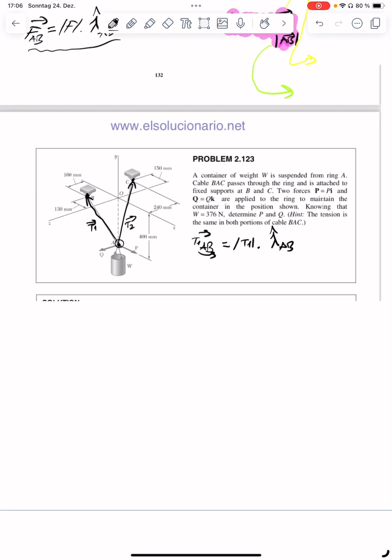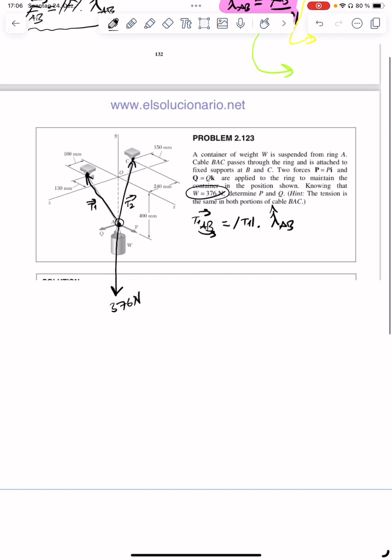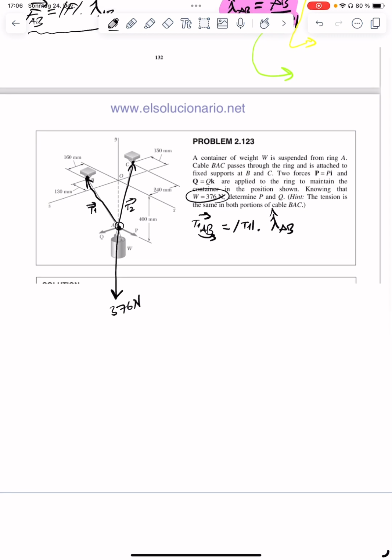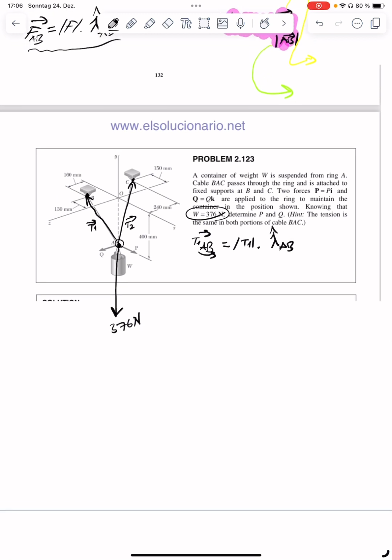We don't know the tension T1, but we know the weight here at point A: 376 Newton in the negative y direction. So we must actually find T1's x component, so we can find the P vector.